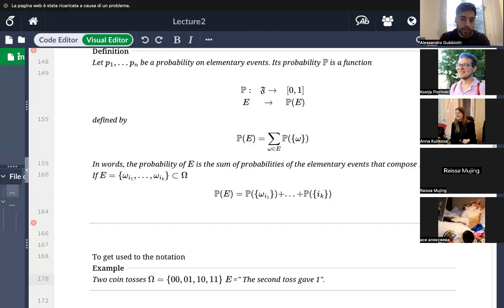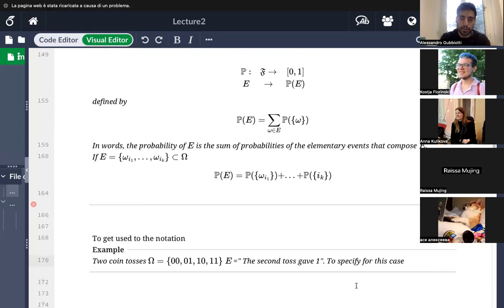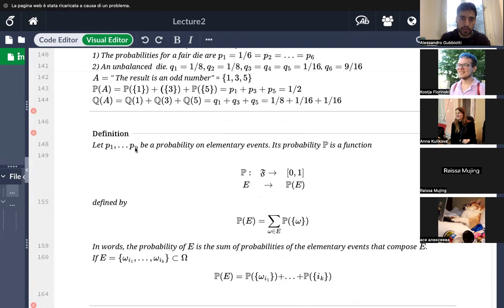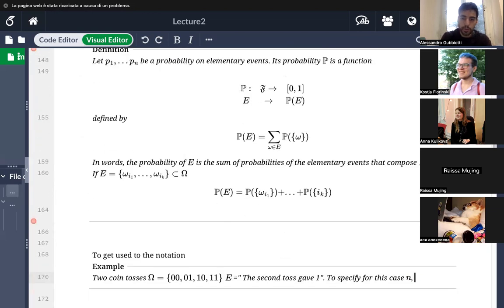So the question is to specify, for this case, omega, to specify the numbers which were placed here: n, omega 1, omega n, k, the k of the event E, and also i1 to ik.